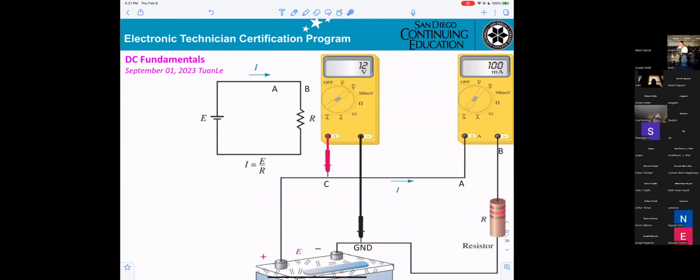Now this will be about using the meter to measure the voltage and the current.